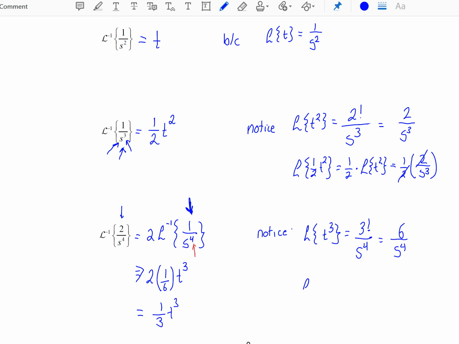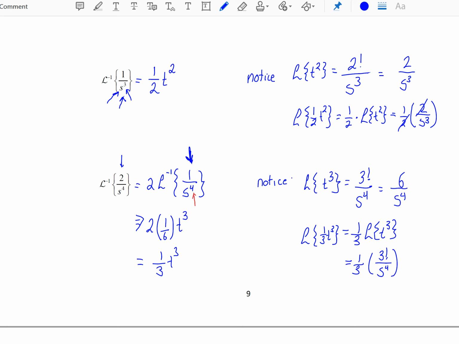So now note if we did the Laplace of 1/3 t cubed, this would be 1/3 times the Laplace of t cubed, and the Laplace of t cubed is going to be 3 factorial over s to the fourth. Of course, 3 factorial is 6, and 6 in that 1/3 simplify, and we get 2 over s to the fourth, which matches our original function in the s domain.